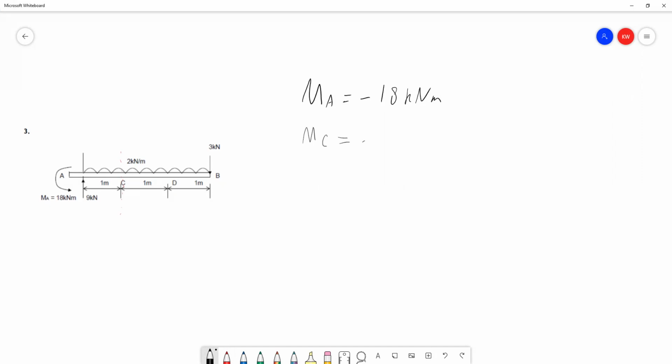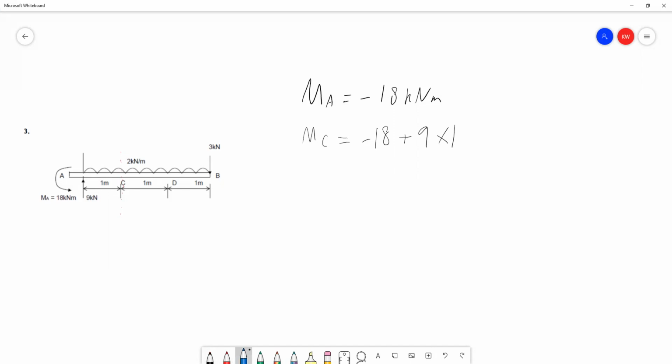We have that negative 18 to consider that's been applied at point A. And then we have a 9 kilonewton force acting upwards, but importantly in a clockwise direction as a moment relative to point C. So as it's clockwise, we'll add 9 multiplied by the distance from C, between A and C there's 1 metre, and we've considered that force.